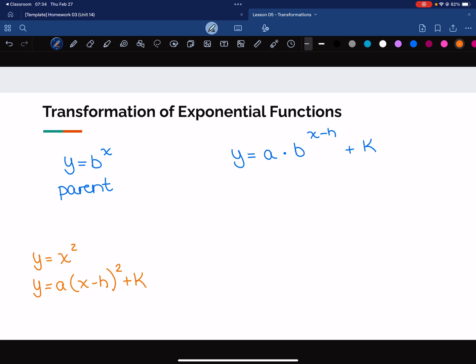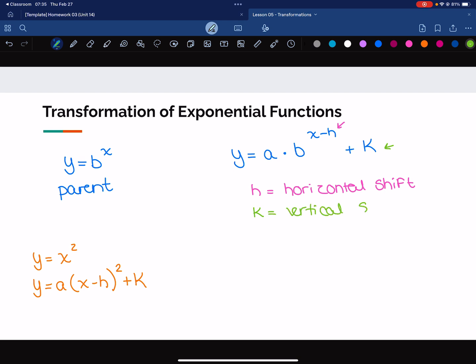That h and k represent the same idea, where h is my horizontal shift. We're going left or right with that. K is our vertical shift. And with a, that's where you're going to have that stretch or shrink. It's whether it gets higher or lower there. It's like that dilation piece that happens in there.